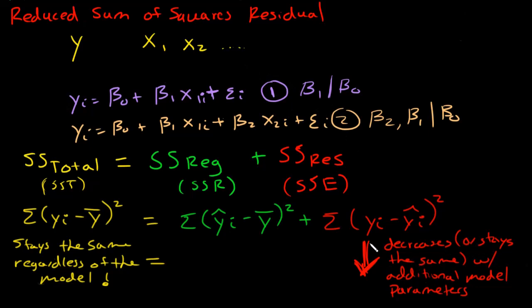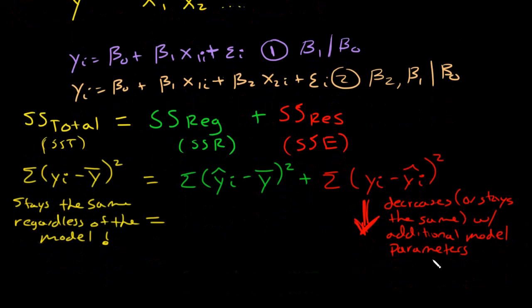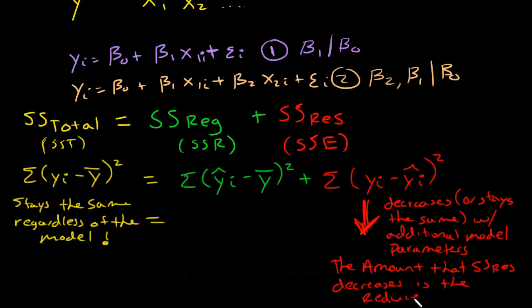The amount that SS residual decreases is called the reduced sum of squares residual.